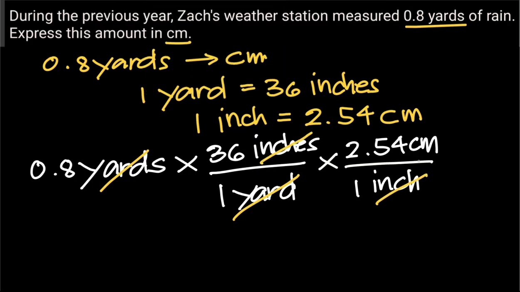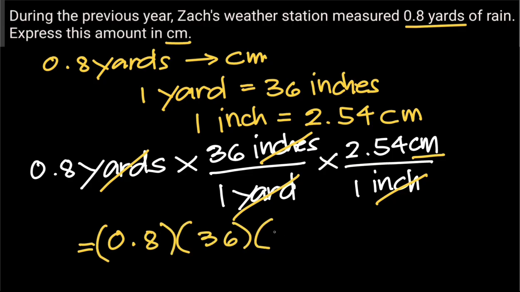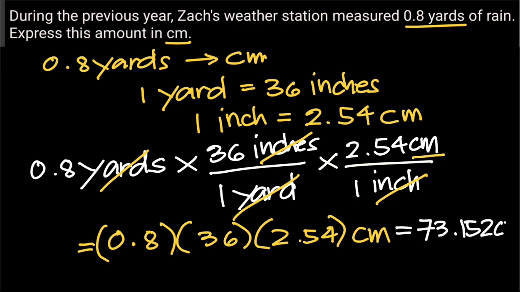Then now we're left with the unit centimeters, and we can perform the operation. So we have 0.8 times 36 times 2.54 centimeters. And this is just equal to 73.152 centimeters, or simply just 73 centimeters.